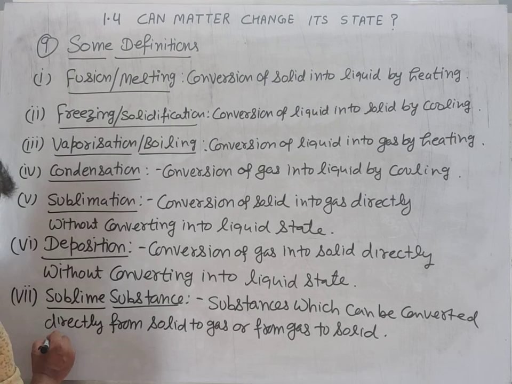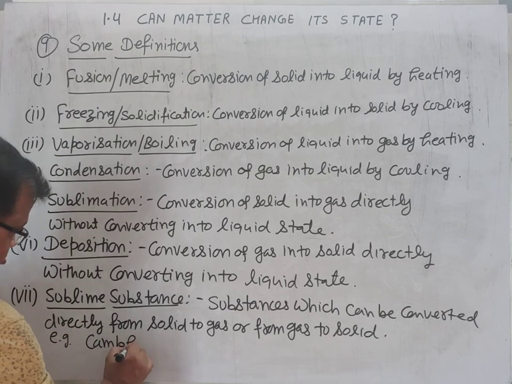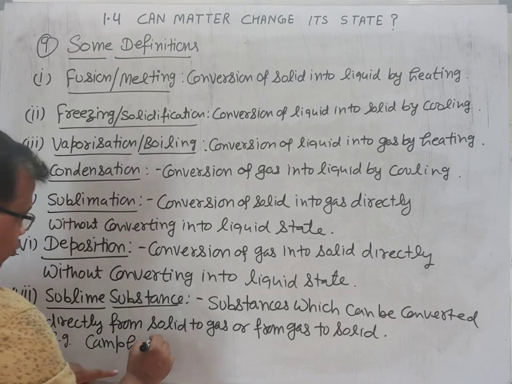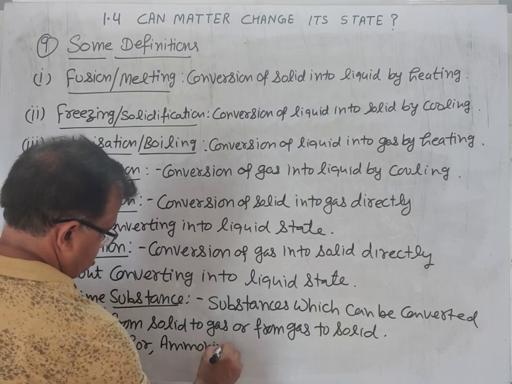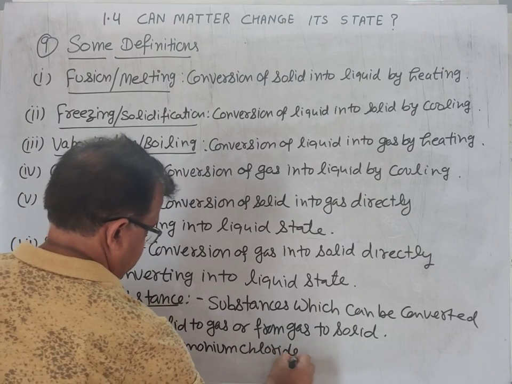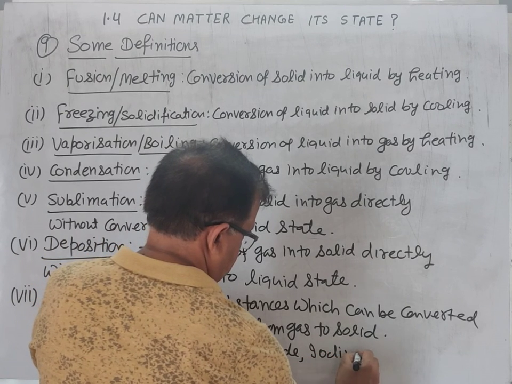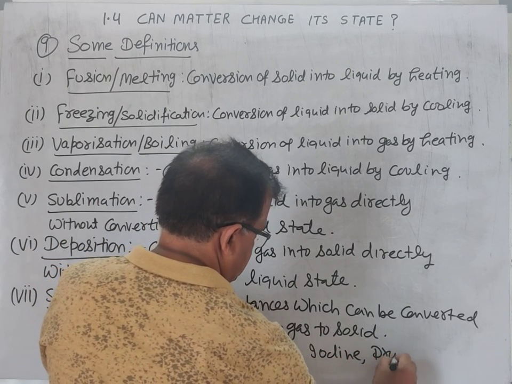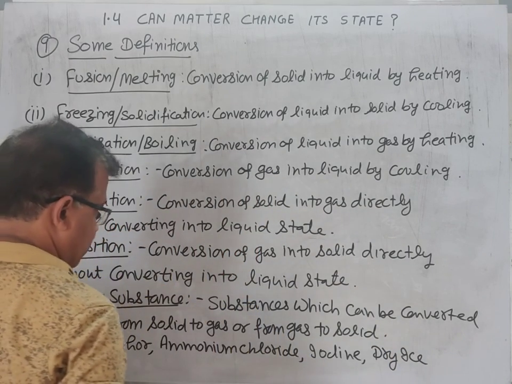For example, camphor, ammonium chloride, iodine, dry ice, which is solid carbon dioxide.